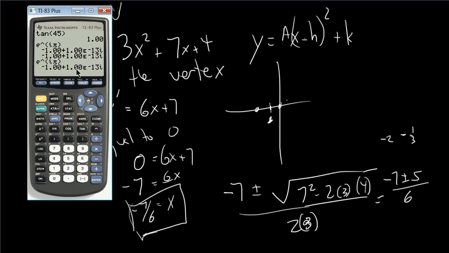Still gives us the same answer, which is interesting because we should have it set to degrees. So you want to check that. That's a way to remind yourself that the mode should be set the way you want it to be.